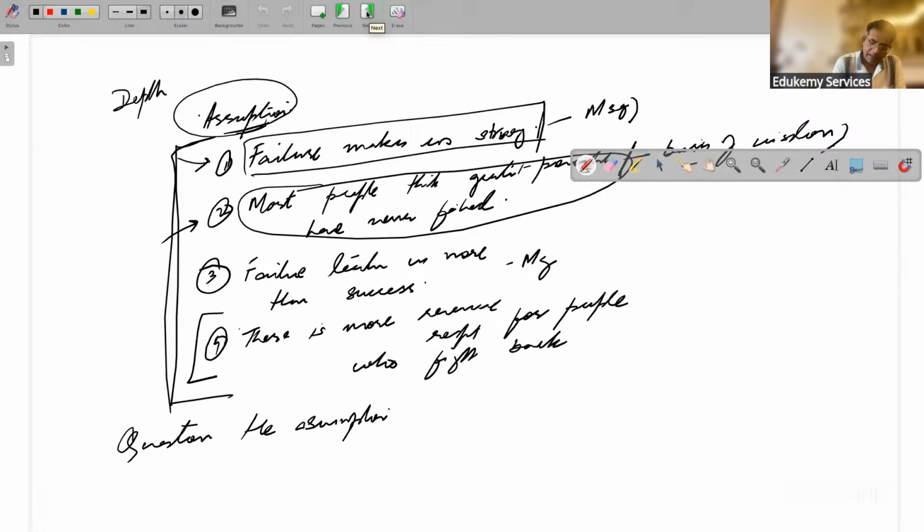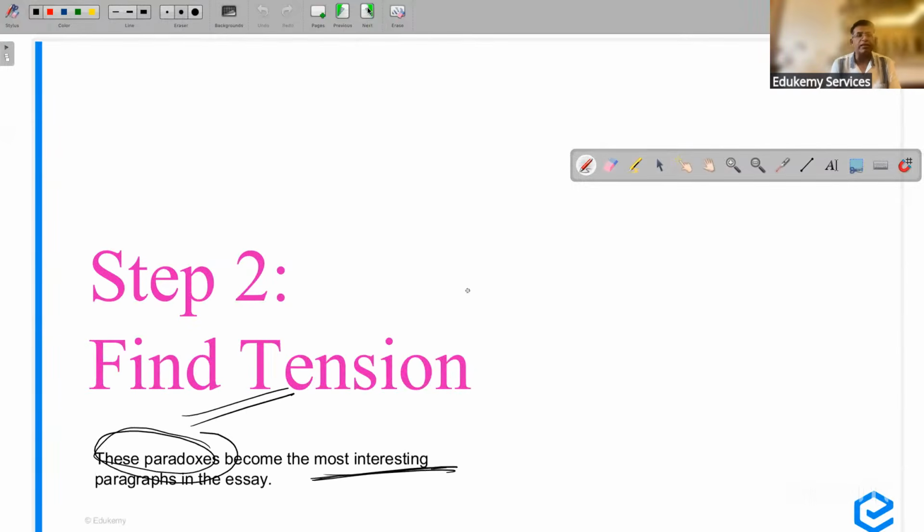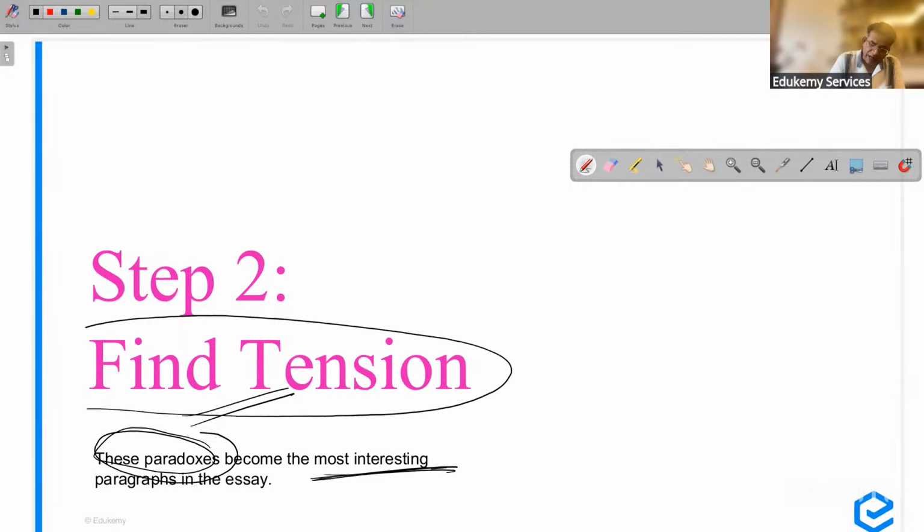Okay. Now, one thing I told in the first session was to find some tensions in the topic. What does tension mean? The topic must have some kind of opposite pull. The topic must tell me something about two interesting ideas that coexist.